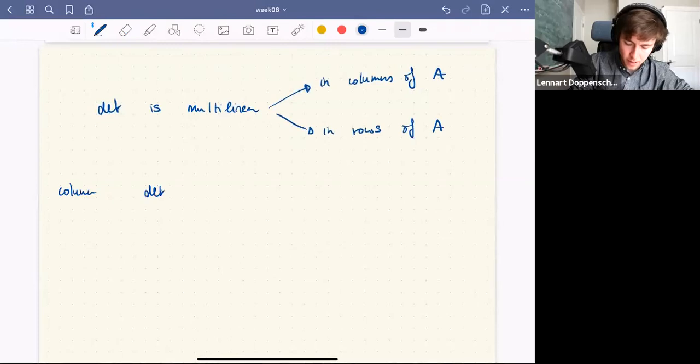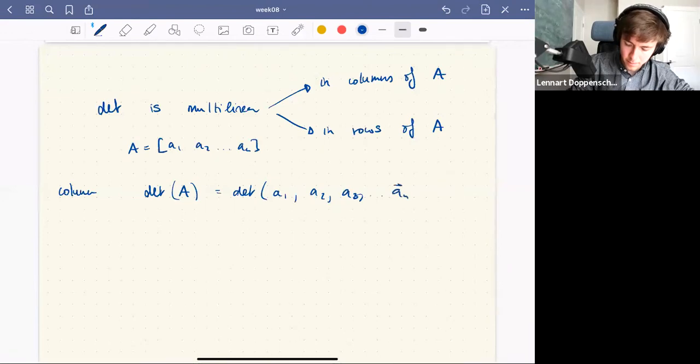The determinant of A, well, A is made up of columns A1, A2, up to AN. Then the determinant of A can be thought of as a function depending on A1, A2, A3, and so on.